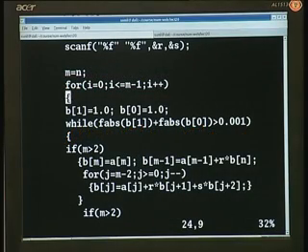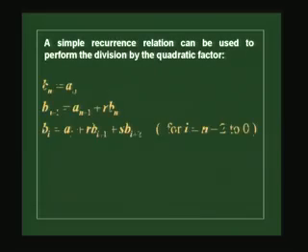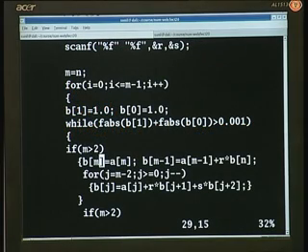So I put m equal to n here, and so m is the same as n right now, that is greater than 2, and I use this relation, that is Bn equal to An, Bn minus 1 equal to An minus 1 plus rBn, and Bi for i going from n minus 2 to 0 is given by Ai plus rBi plus 1 plus sBi plus 2. So that is here. So that is what this whole thing is doing, right.